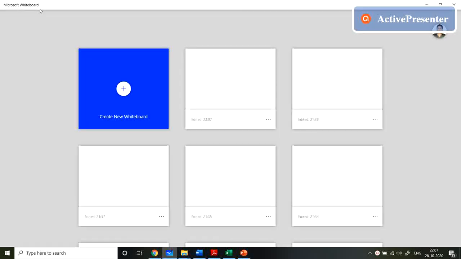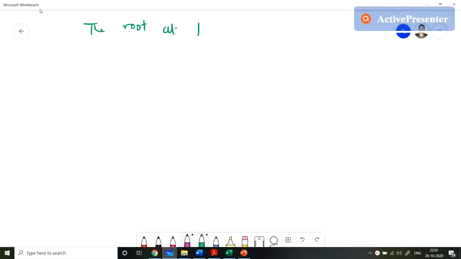So the root at k equals 0 cancels the pole at z equals a.